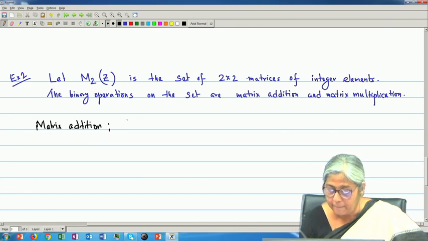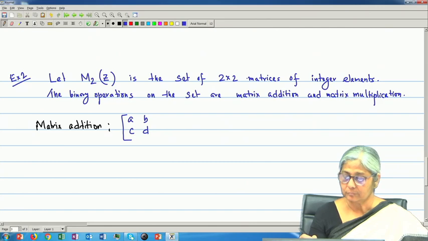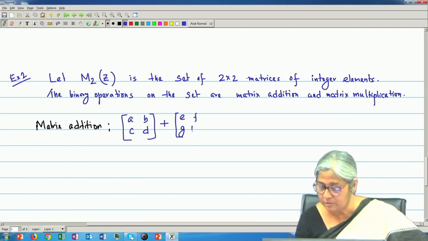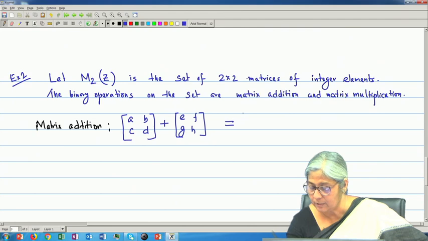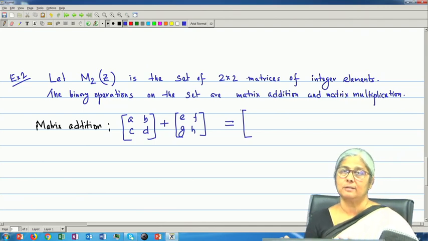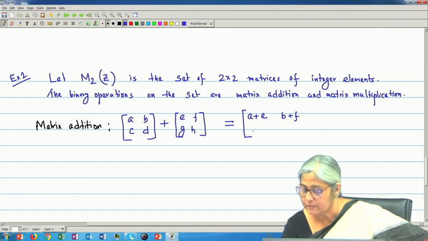We consider two 2 by 2 matrices, [A B; C D] plus [E F; G H], and this is equal to, as we know, the matrix addition is defined as element-wise addition, or the sum of elements, that means A plus E, B plus F, C plus G and D plus H.